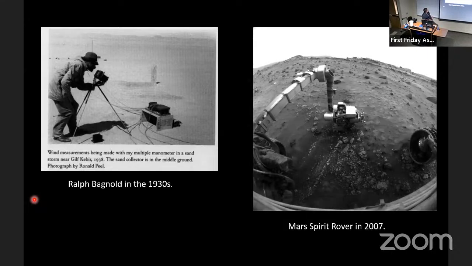And he actually tried to do these same exact experiments in Gilf Kebir, which I do not know where that is, but it's in the Middle East. And he was successful. I don't have images of the comparisons he took, but he was basically doing the same experiment that we're doing on the right with the rover on Mars, which is really kind of cool if you think about it. We're recreating what we've done on Earth on another planet.